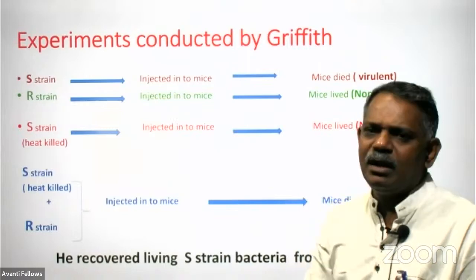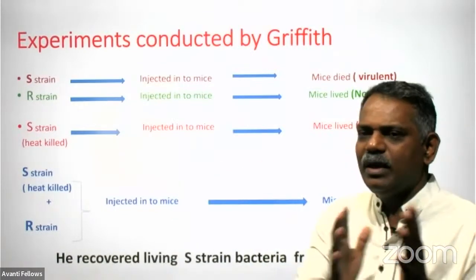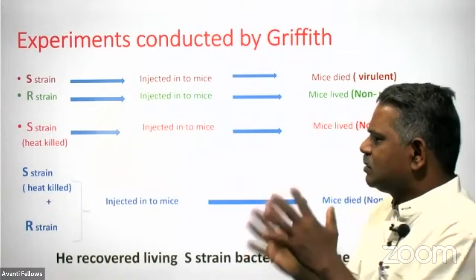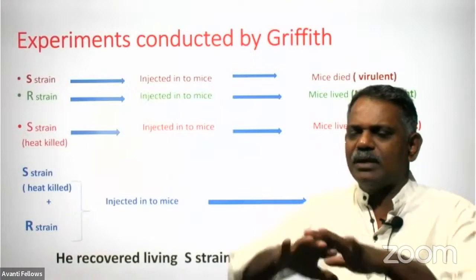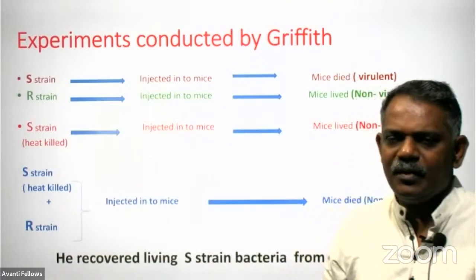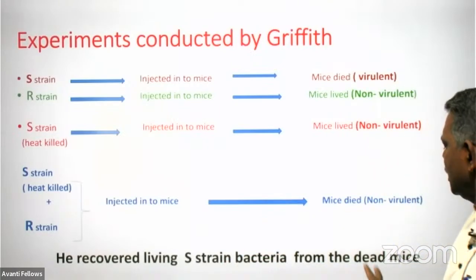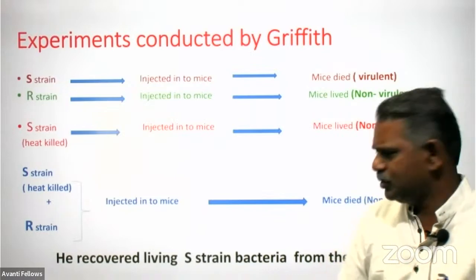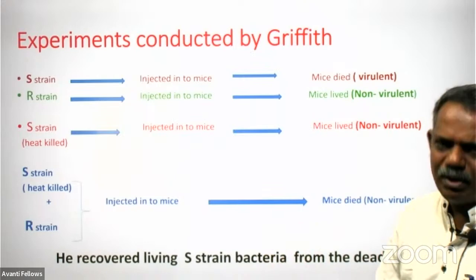That material transferred from the S strain to the R strain transforms the living R strain bacteria into the S strain bacteria by producing the capsule. So it became smooth, and such a type of living S strain bacteria only he found from the dead body of this mice. That is why we call it the transforming principle.